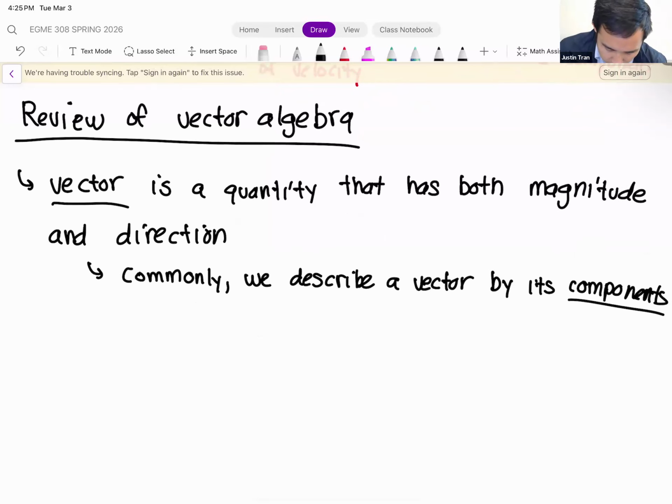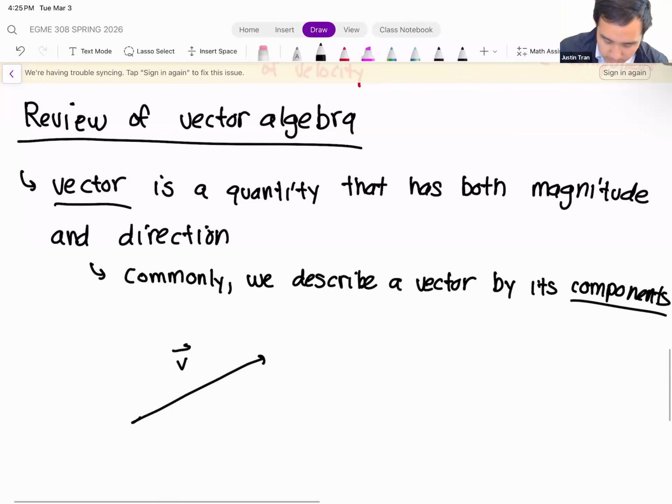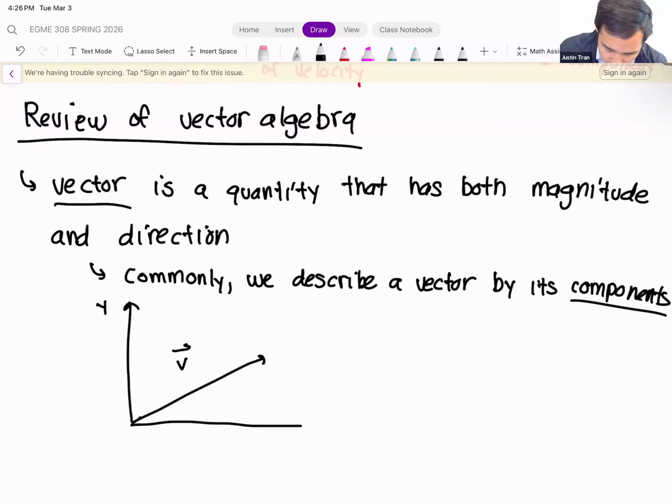If we have a vector in three-dimensional space, or let's just do two-dimensional space like this, if we draw the XY axes here, this would be the Y-axis, this would be the X-axis. The components of our vector V would be the projection of this vector onto our principal axes.